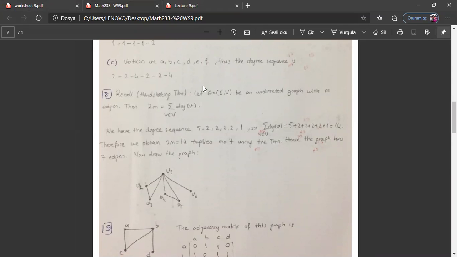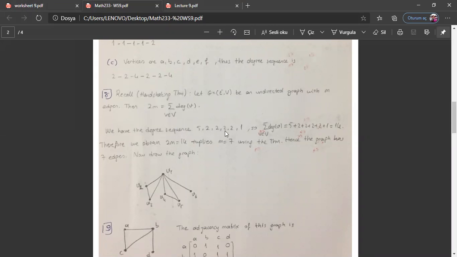It says if you have a graph with a set of edges and a set of vertices, which is undirected and has m edges, then 2 times m is equal to the sum of the degrees of the vertices. So we will use that.